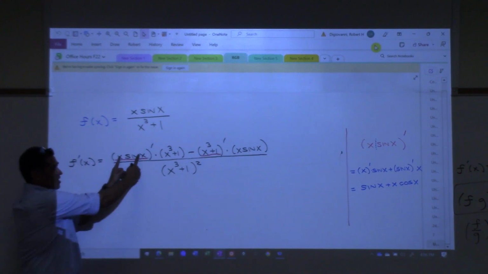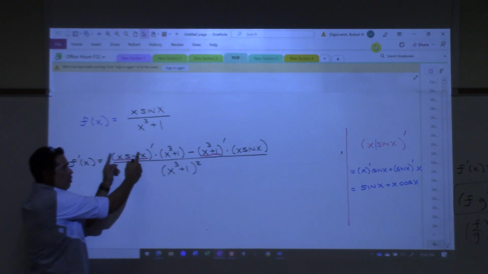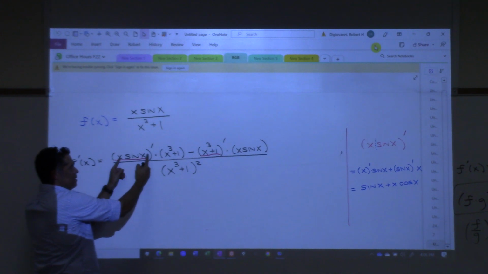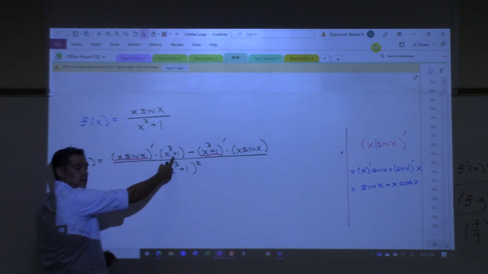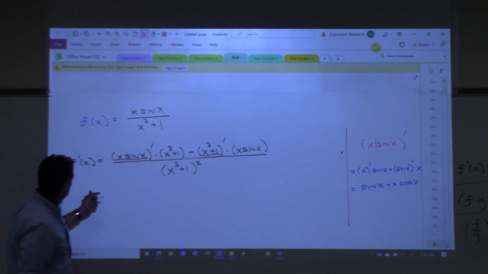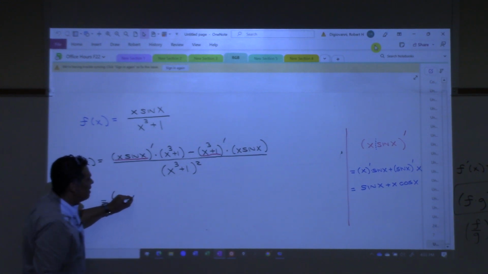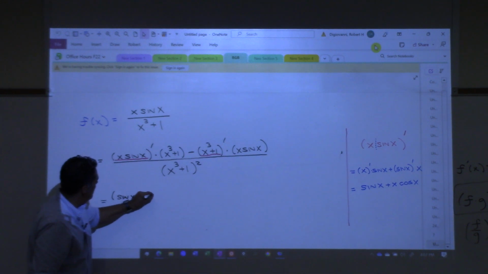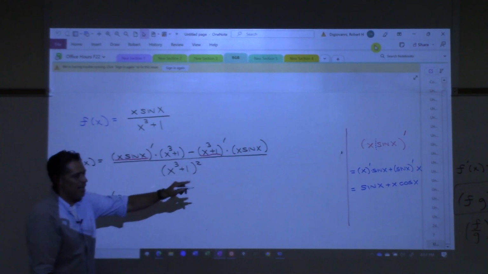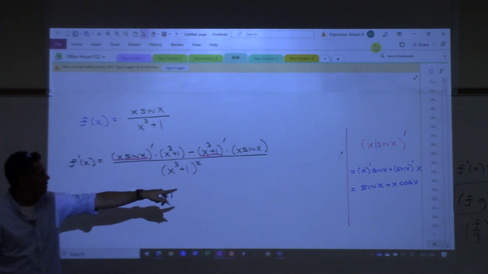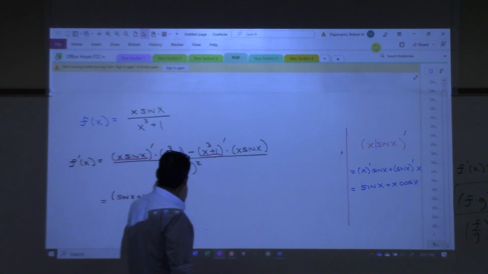Do y'all see that's just this, right? That's just this derivative. What does that still need to be multiplied by? All that, right? Okay, so when I write this down, I'm going to have in parentheses that answer, sine x plus x cosine x. That's the answer from over there. Still times the x cubed plus 1.